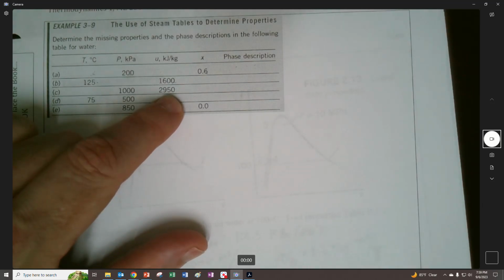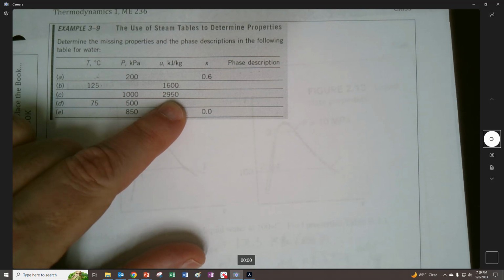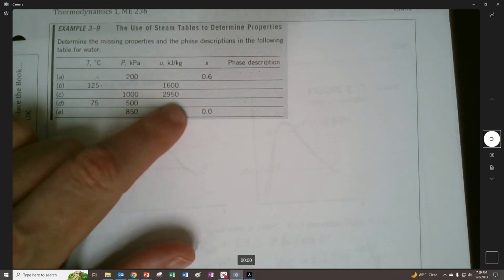Now we go to this next line, and we're given 1,000 kilopascals and an internal energy here. And once again, we don't know whether it's going to be a superheated condition or whether it's going to be saturated and wet and somewhere in between.